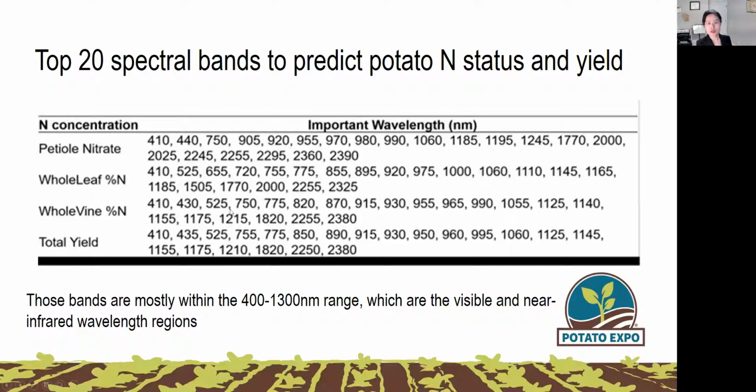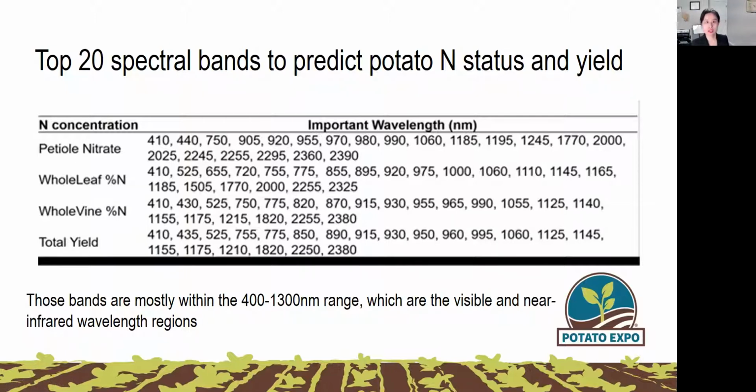Overall the spectral bands are between 400 and 2400 nanometers, and most of the bands are within 400 and 1300 nanometers, which are the visible and near infrared wavelength regions. We think that the spectral bands within the 400 to 1300 nanometers range are the most relevant to the prediction.